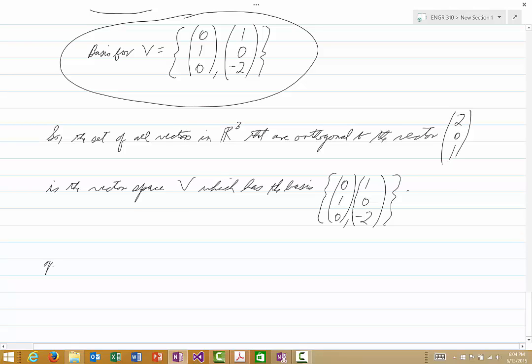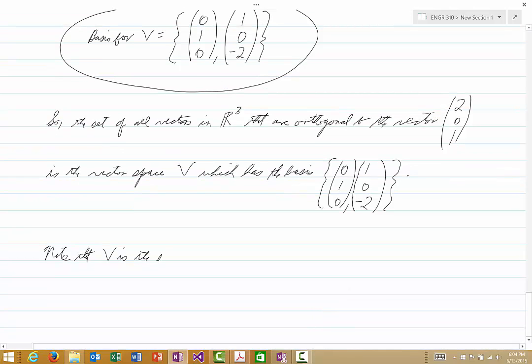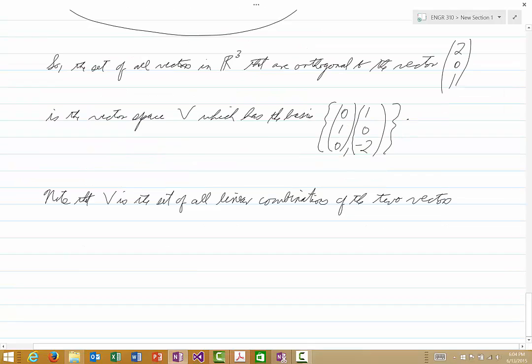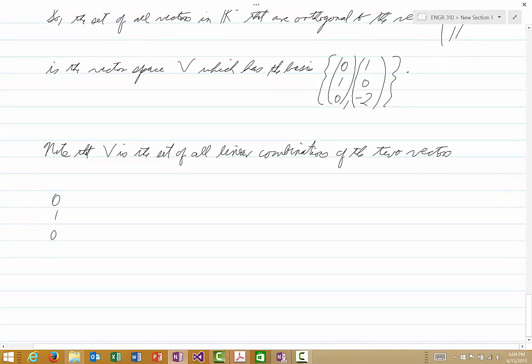And then I'll put in just one more note. Note that V is the set of all linear combinations of the two vectors (0, 1, 0) and (1, 0, -2).